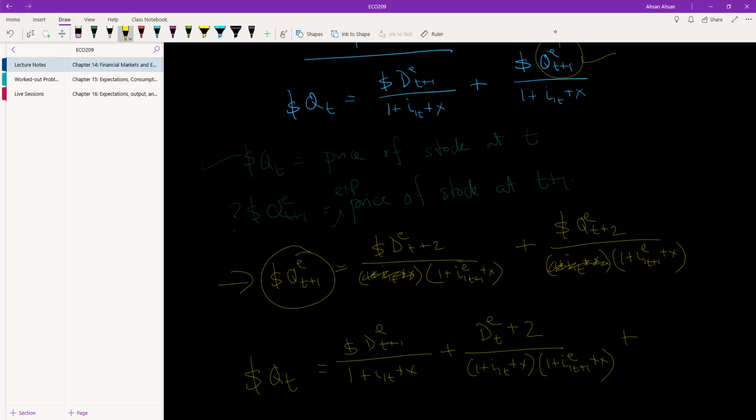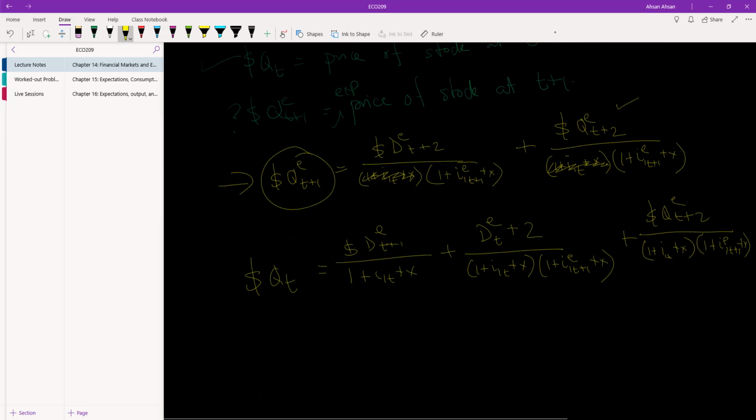This plus, we still have this, so the expected Qt plus 2 divided by the same denominator.